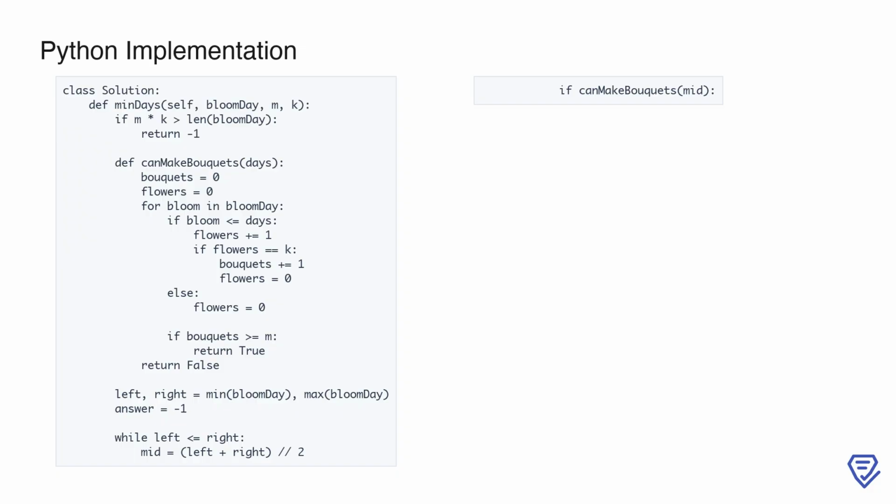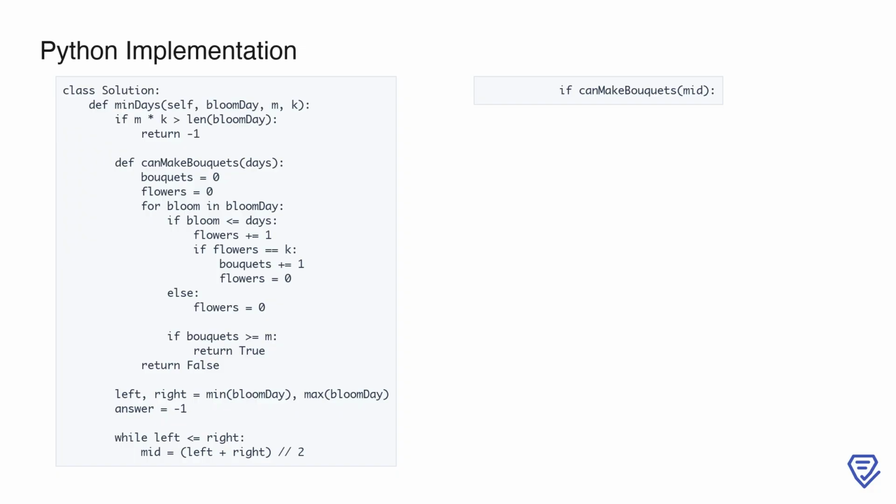Once the flowers counter reaches k, we increment the bouquets counter and reset the flowers counter to 0, since we've just formed a bouquet. If the bloom day exceeds the allowed days, we reset the flowers counter to 0. To optimize the process, we return true as soon as the bouquets counter meets or exceeds m, otherwise, we return false after the loop finishes.